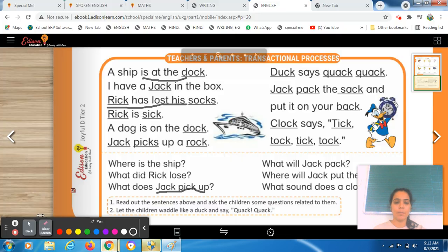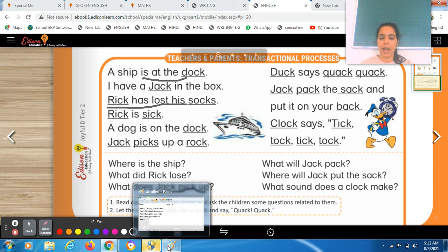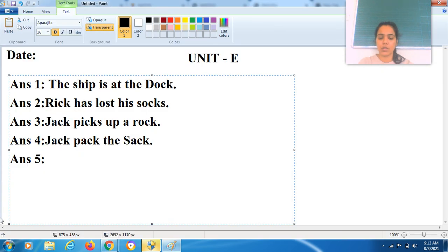Now we will write over here answer number 5, and now we will read your question number 5. So what is it, students? Where will Jack put the sack? So where did he put the sack? On the back. So Jack put the sack on the back. Again, it is from your question.